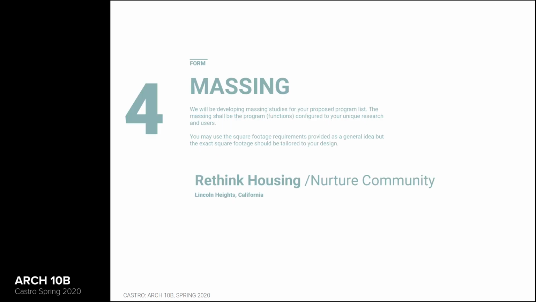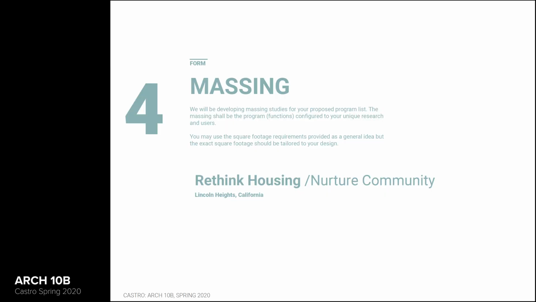So once you've identified the program, you have your list, and you have each square footage identified for the functions you're going to include in your design, we're going to go on into what's called massing. And at this point, we are essentially developing massing studies of the proposed program list. And this starts tapping into a little bit of the form, which starts tapping into what we call the actual design of this, right?